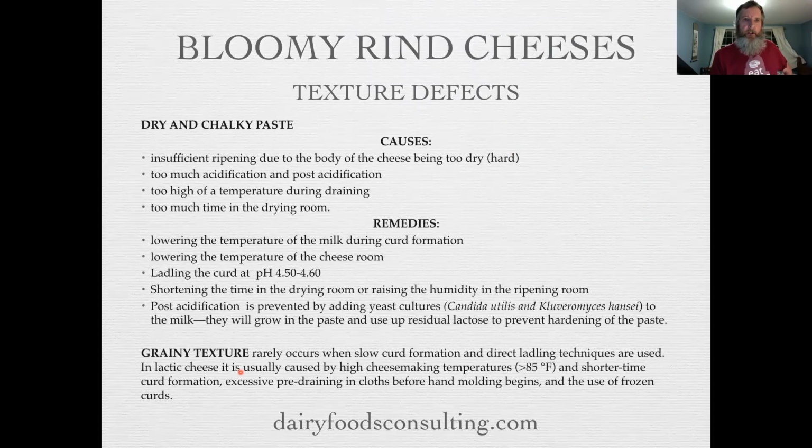We've got a classic one for bloomy rind cheese. We have dry chalky paste, and so this is where you have that again problem with too much acidification occurring later, and then we can take a look at remedying that by getting our ladling of the lactic curd just at the right point.